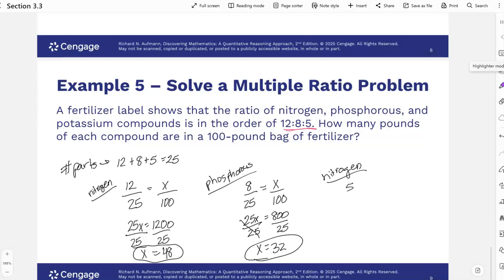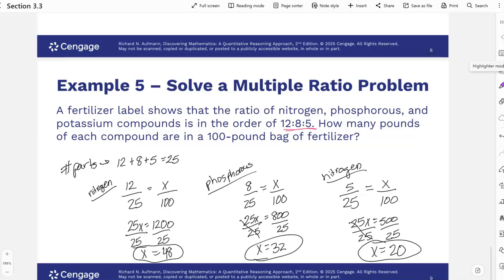Then for the potassium, we had 5 out of the 25, and that's going to be equal to x out of 100. So 25x equals 500. x is going to be 500 divided by 25, which is 20.